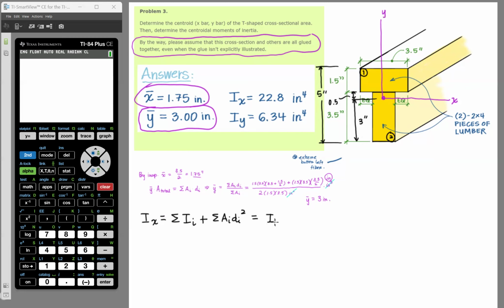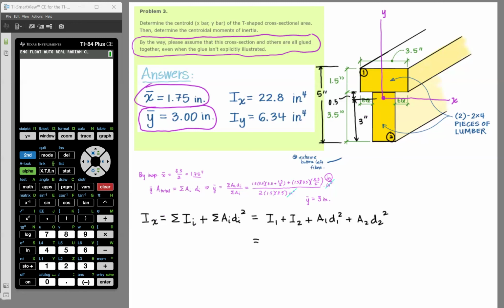So for us, we could say I1 plus I2 plus A1 D1 squared plus A2 D2 squared. Okay, so we're looking at x. I usually don't draw this, but here's what I'm thinking. There's the axis about which I want the moment of inertia. So my parallel axis of shape 1 is that one, and shape 2 is that axis there.